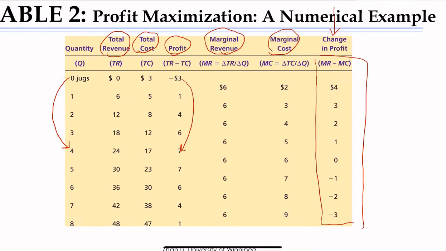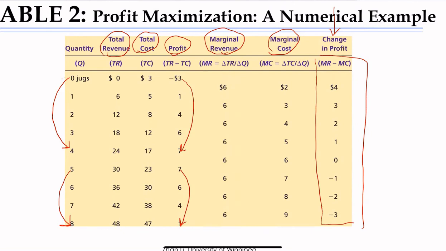However, if you go from 5 to 8, the profit will actually decrease, right? So basically as you increase your quantity, you will get higher profit. But if you go past this optimal quantity of 4 or 5, then if you continue to increase your quantity, your profit will actually decrease. Okay? It's quite an easy to observe result.